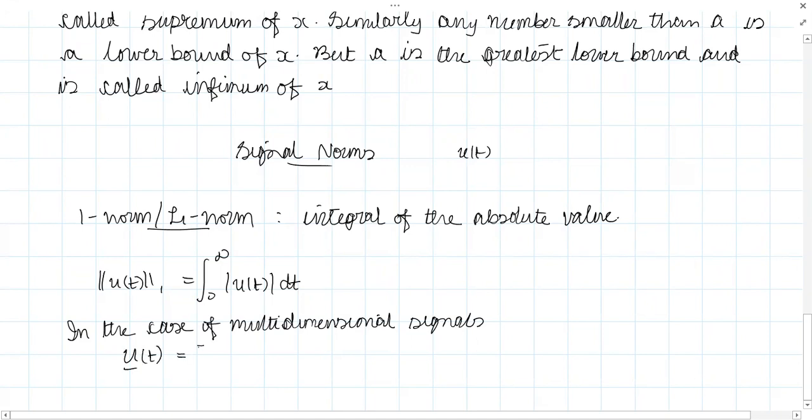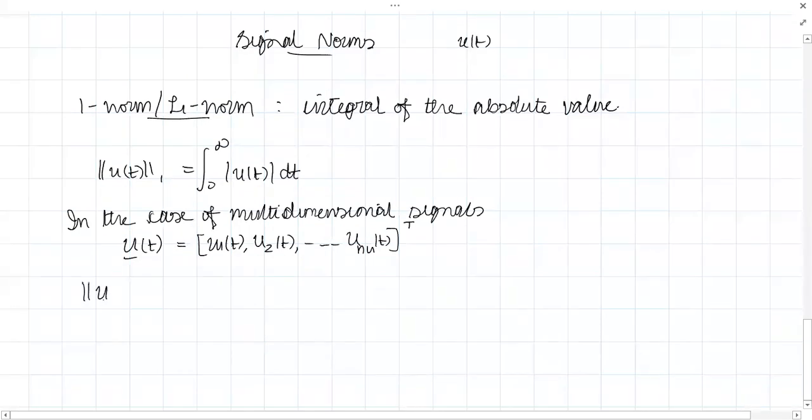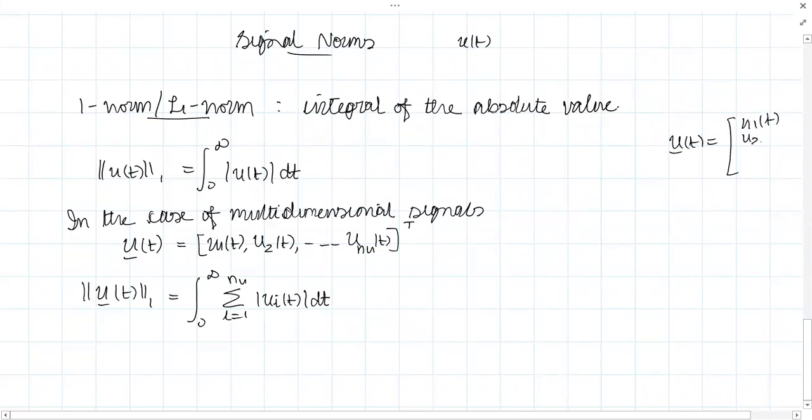There are nu components, u1(t), u2(t), up to u_nu(t), transpose. Then the one norm is defined like this: integral from 0 to infinity of the sum over i equals 1 to nu of the absolute value of u_i(t) dt.